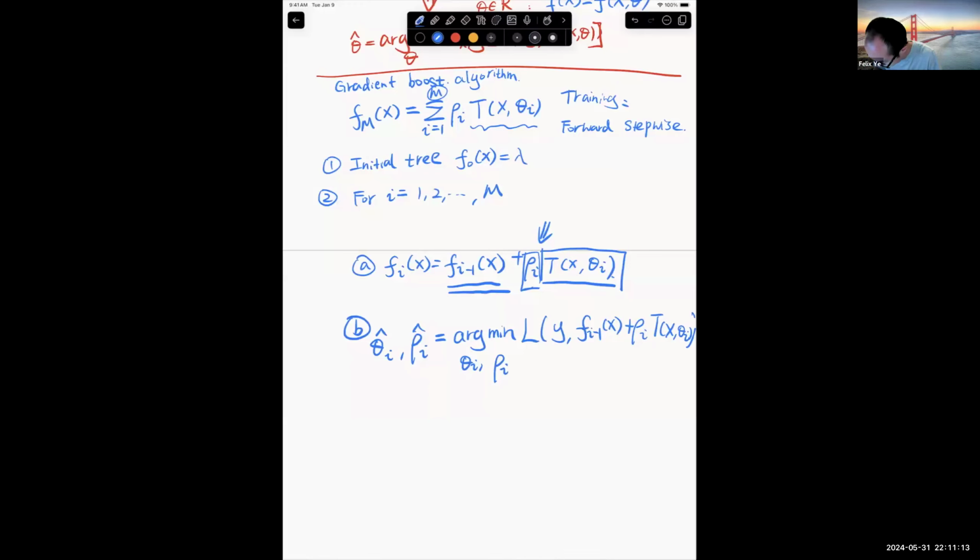The point is you want to find the optimal parameters for one additional tree. You can see right here is the key. I'm going to mention what kind of loss function we're going to choose and how to get this optimal theta_i and rho_i.